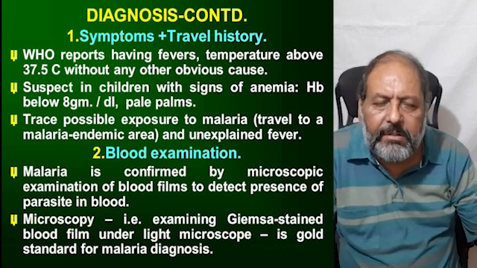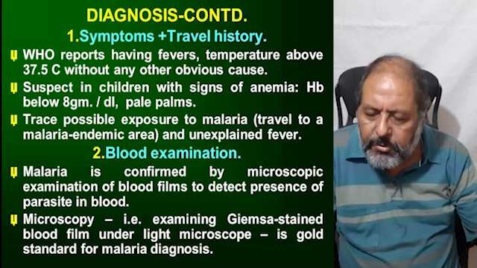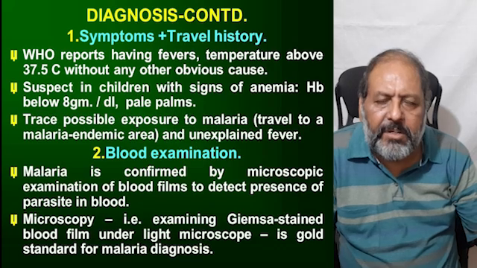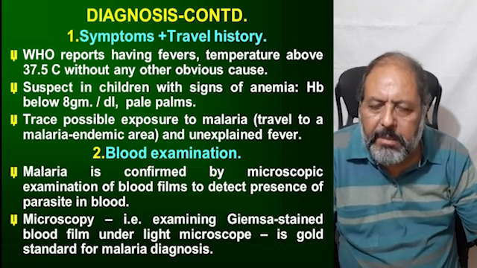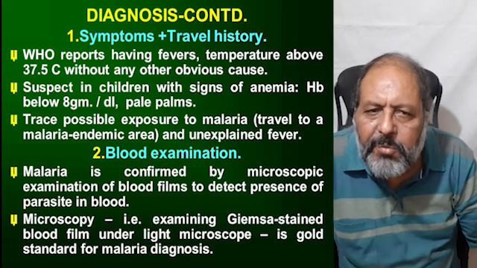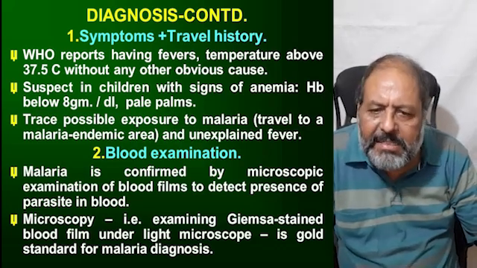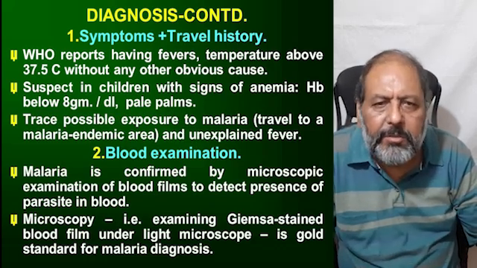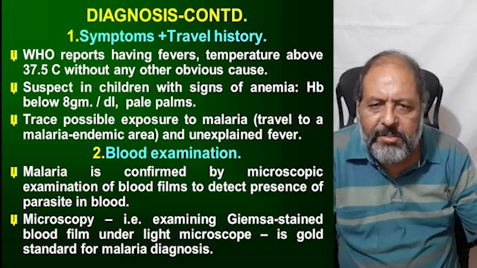Suspect it in children with signs of anemia, hemoglobin usually below 8 gram percent, and the kid has pale palms. Now, trace possible exposure to malaria: travel to a malaria endemic area and unexplained fever to reach the diagnosis.